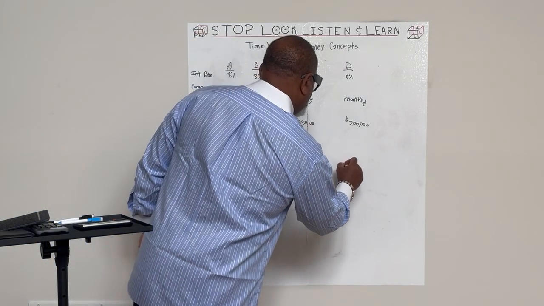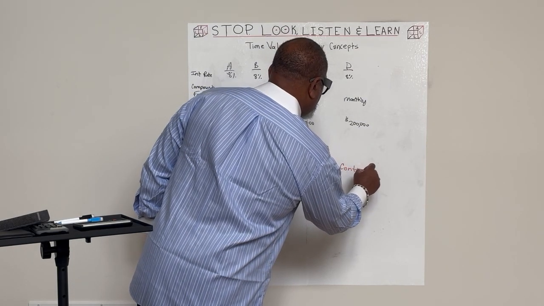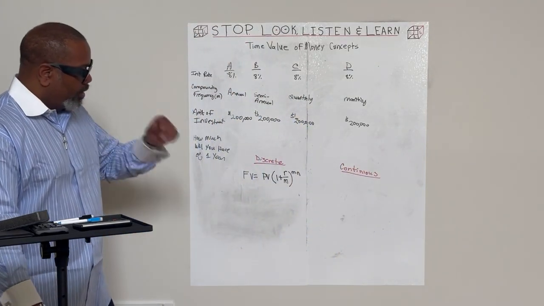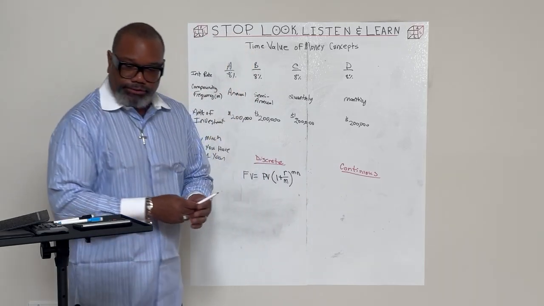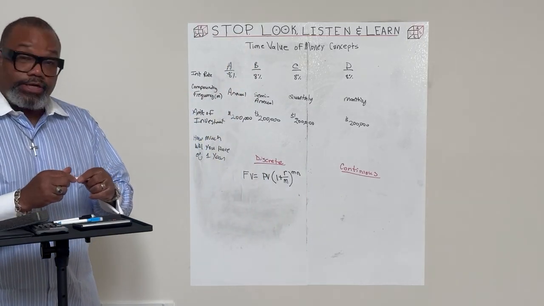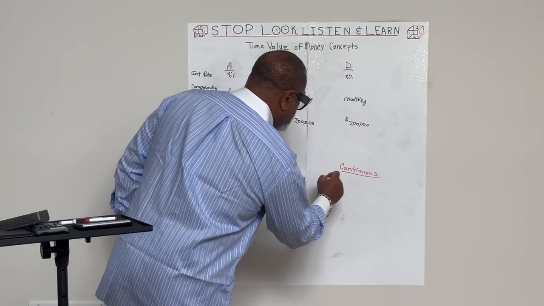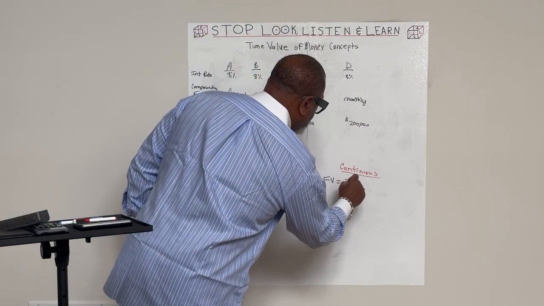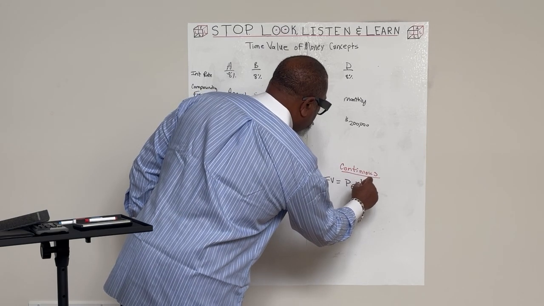Now we're going to go over here, and we're going to have continuous compounding. With continuous compounding, the formula is going to be, let me just switch colors here again, try to make it consistent, future value equals present value times E to the RT.